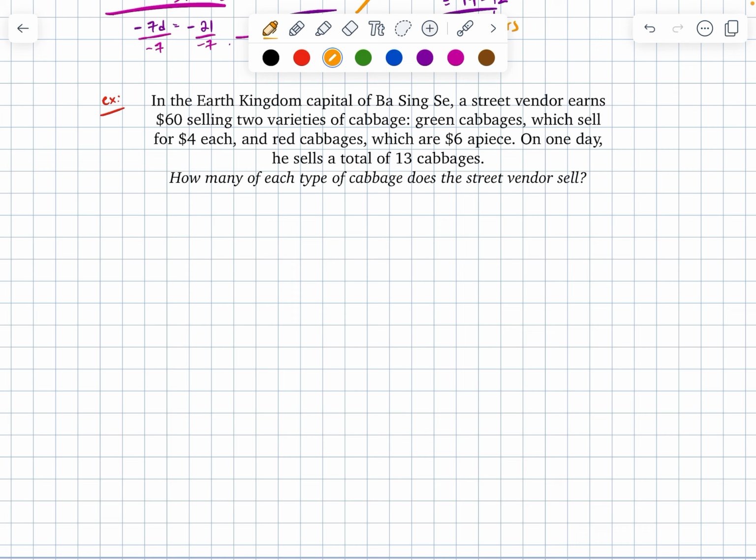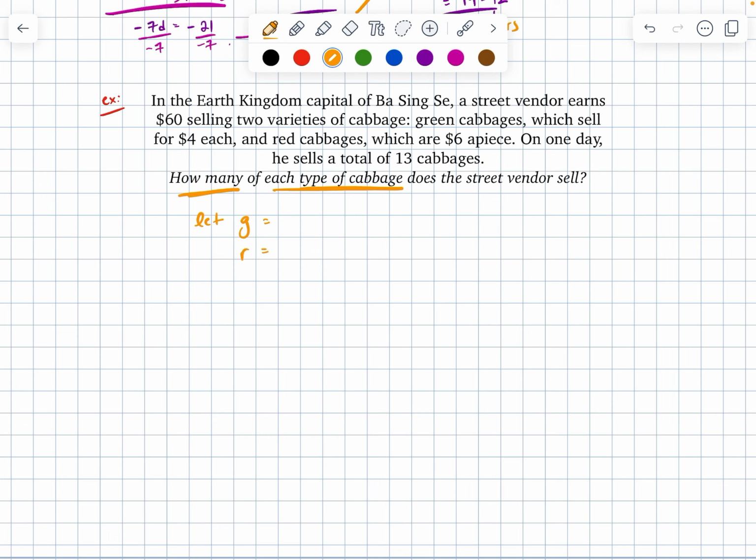And stop. So again, a diagram is not going to be especially helpful here. Let me start by defining my variables. I want to know how many of each type of cabbage I sell. I've got 2 different types of cabbages. Again, I am the cabbage seller, obviously. So I need 2 variables, one of them to represent the green cabbages. So I'll choose G for green.